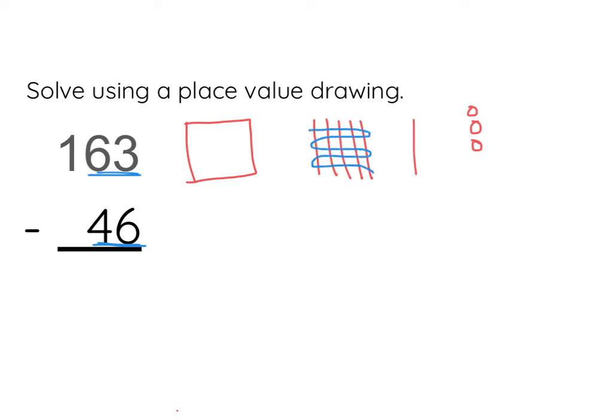So I will subtract all 50. 6's partner is 4. So I will put 4 back. I will look at my picture for my final answer and get 100, 10, and a 7. So 117.